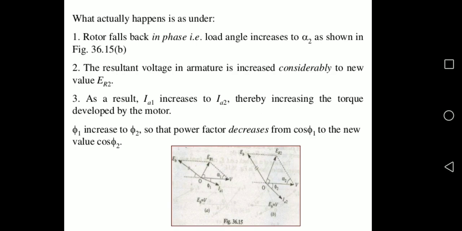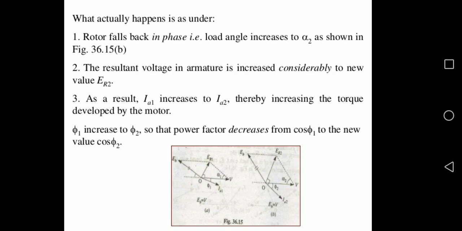So what actually happens here is the rotor falls back. When the load is increasing in the synchronous machines, the rotor falls back, so that the load angle also increases.